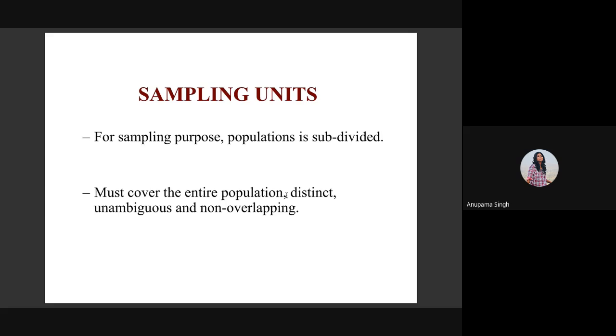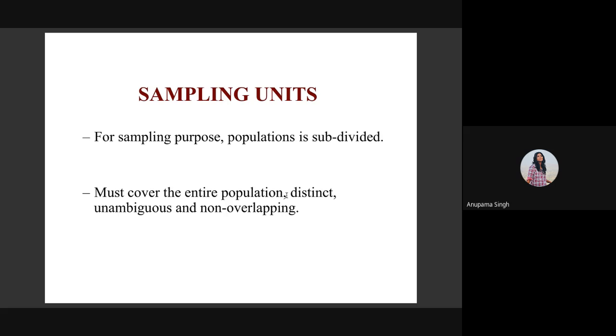For example, if you want to take information on income, you're not going to ask a child in a household, right? What you're going to do in that case is go to the household and talk to the head of the household, and then ask the monthly or annual income of the family. So in that way, it is clear that the head of the household is your sampling unit.